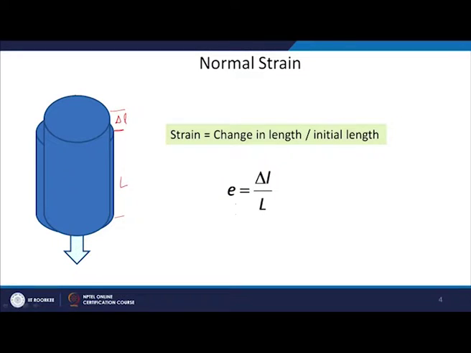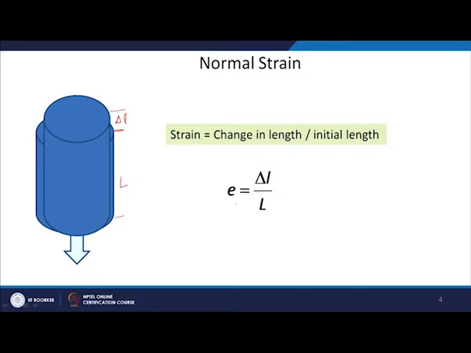So the initial length of my material was, let us say, L, and the change in length is given by delta L. Then the strain will be delta L divided by the initial length, which is equal to the normal strain.